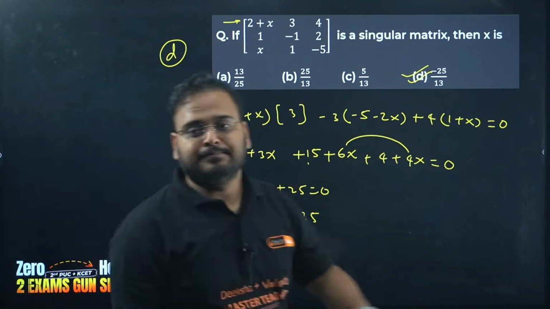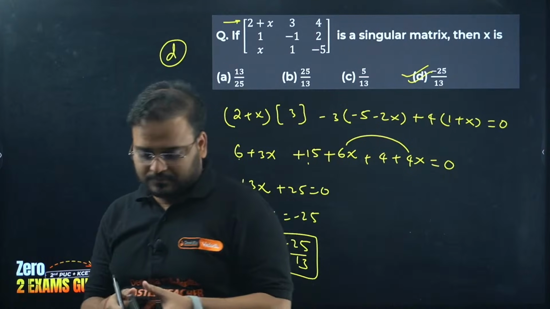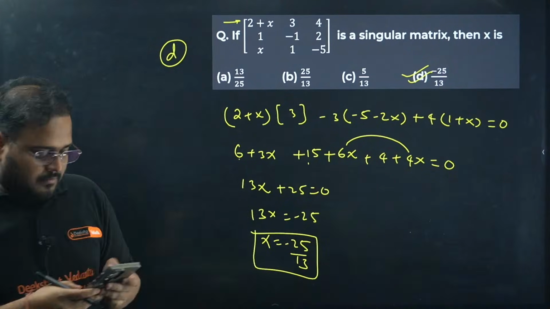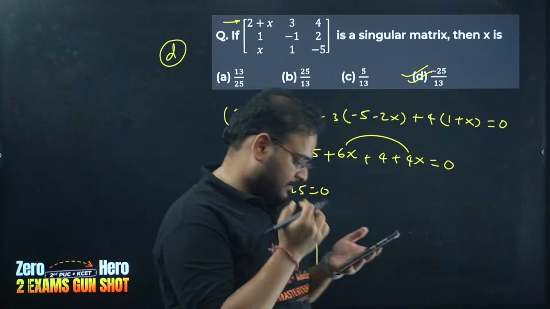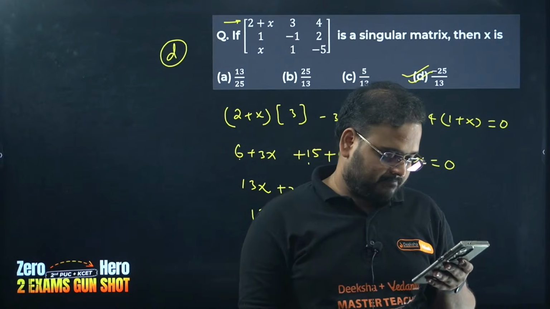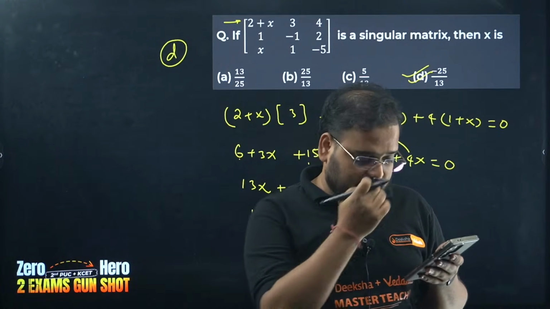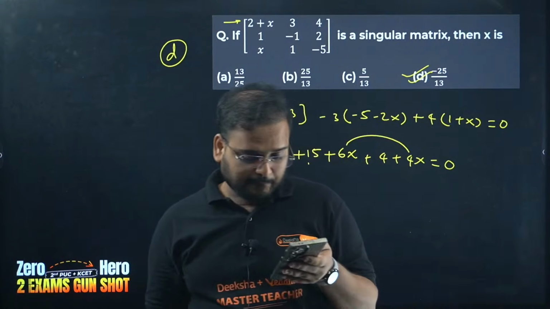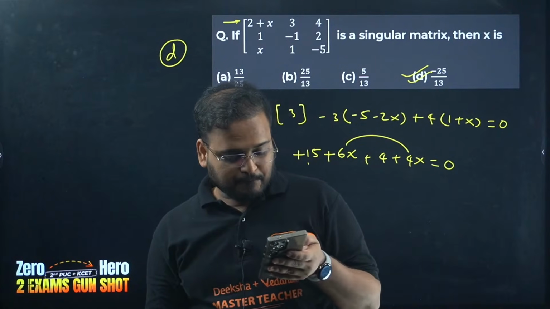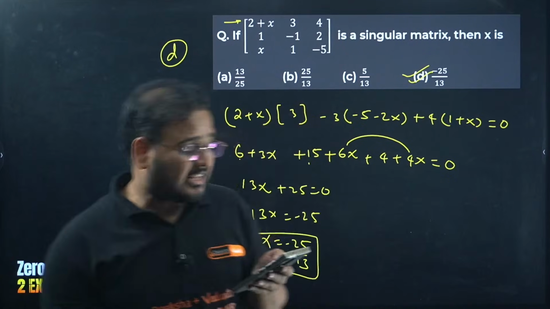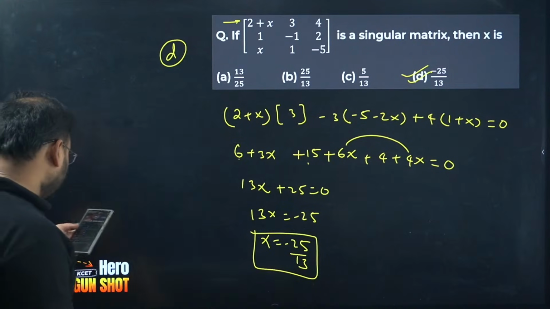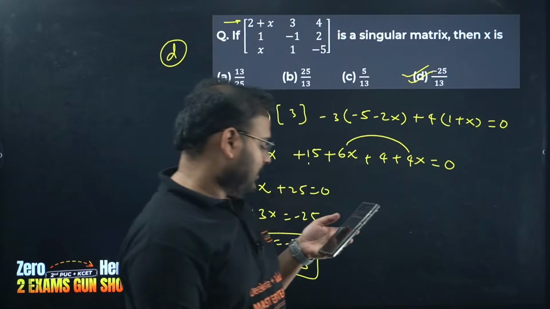Option D. Here you go. When is your chemistry paper? Paper solving, you're asking. Okay, I'll ask the team. Yes, you're using row transformation.